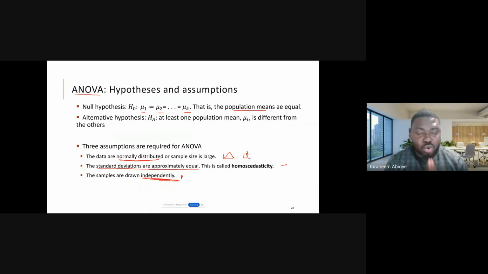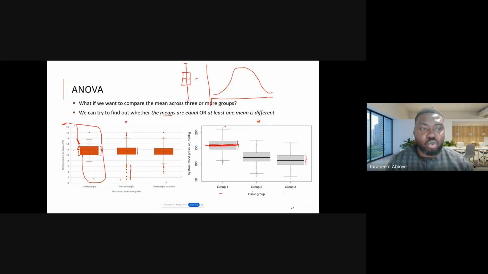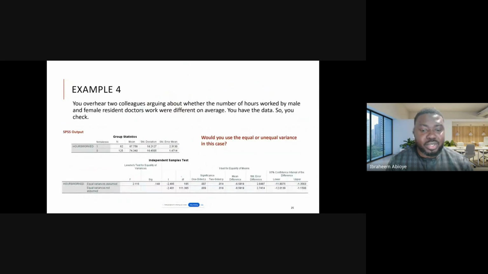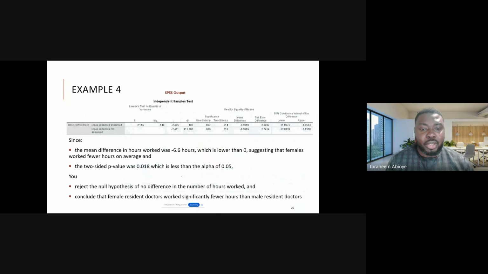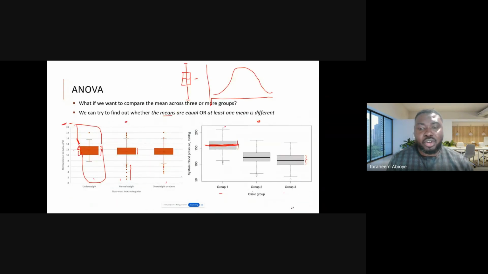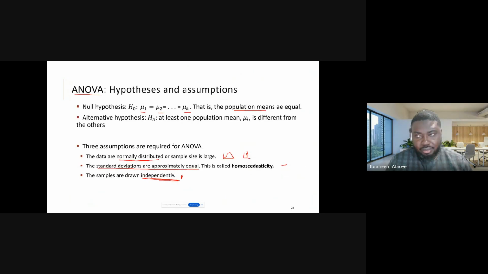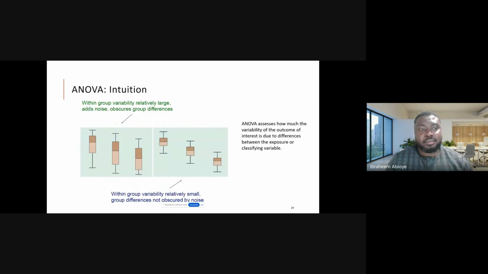So if you're going to do ANOVA, you would use ANOVA in a setting where you could have used the independent samples t-test, but now you have 3 groups. And because you now have 3 groups or 4 groups, you can't use the independent samples t-test. You have to use ANOVA. Okay. Any questions?